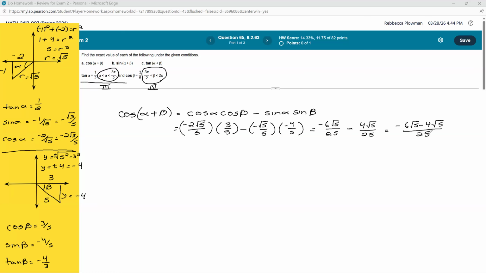So this one's just not quite as pretty. They're like radicals, so we can combine that into negative 10 square root of 5 over 25, which is going to be negative, because we can divide both of these by 5, negative 2 square root of 5 divided by 5.